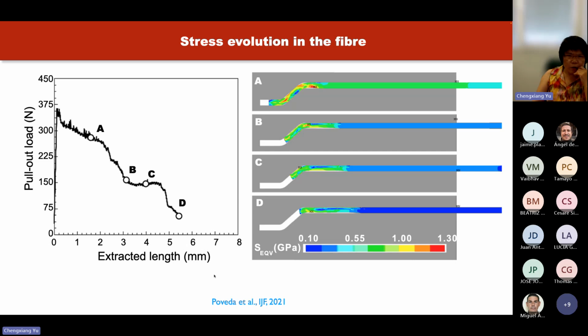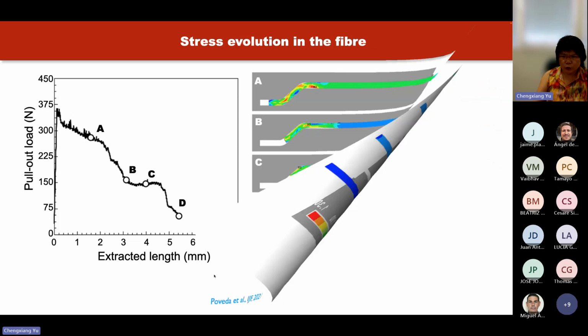For the case of 3D fibers, we can see the stress evolution in the fiber. On the left you have the pull-out load versus the extracted length. On the right, for the corresponding stages, we can see at what point the steel fiber has been pulled out.